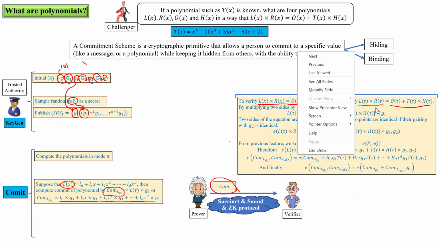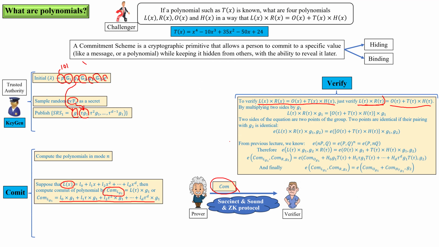So the verification algorithm says that you need to multiply the two sides of this equation by G1. And G1 is again the generator of group 1, which is known by the public. So the left side is multiplied by G1, the right side also is multiplied by G1, and then we know that each of these two values equals a point in the group G1, right?